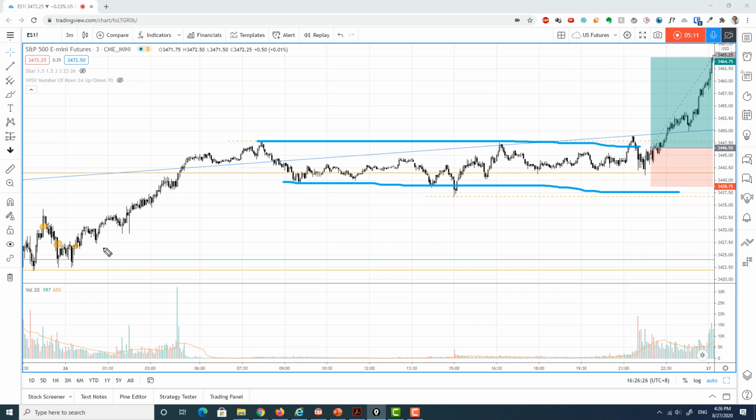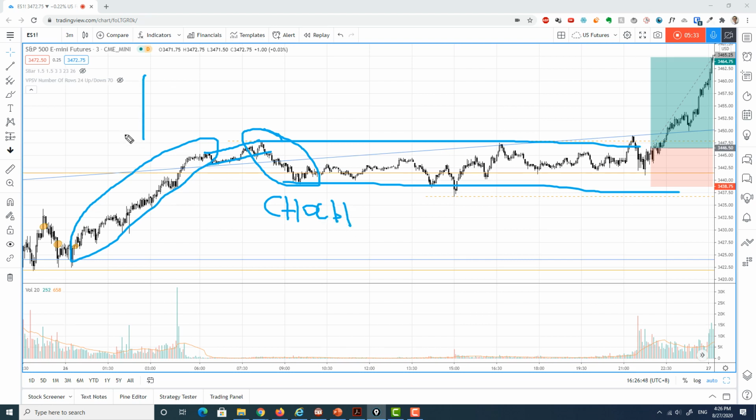Prior to that, we had a great rally during the previous day session, and subsequently we had this localized distribution structure, which created this change of character. It actually changed the trading environment from the previous trending environment into this range.